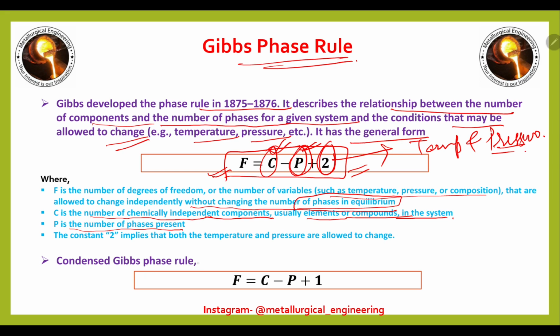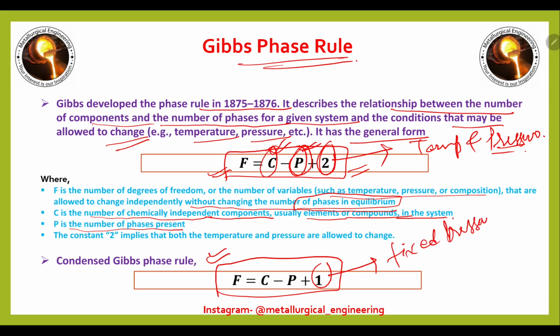And this condensed gives the phase rule as F is equal to C minus P plus 1, in which case the 1 is taken here because most generally all the metallurgical reactions happen at a fixed pressure. So here this 2 changes to 1 because pressure is fixed, so this will be F is equal to C minus P plus 1.